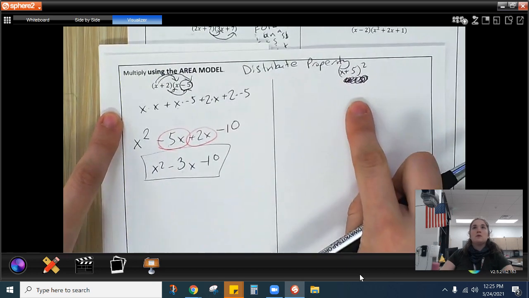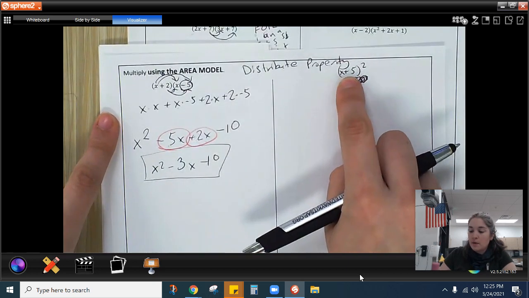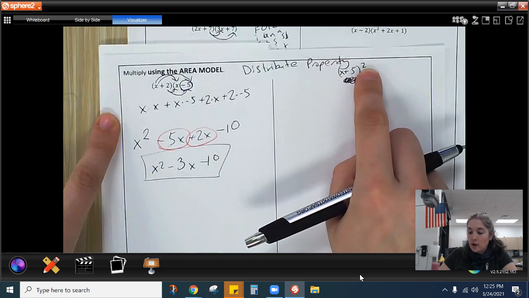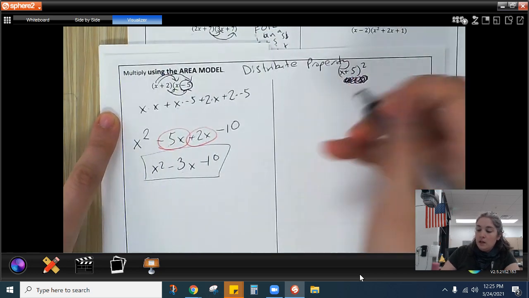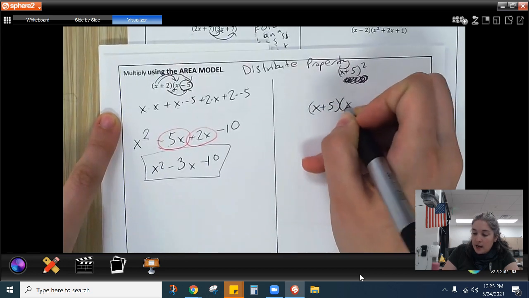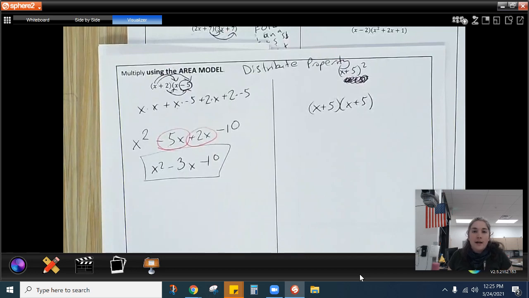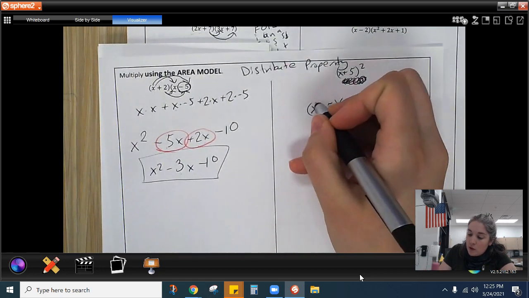I'm going to do this one as well, again, using the distributive property. So if you ever see x plus 5 squared, that really means that you have x plus 5 times x plus 5. So write it out, and then you can distribute that.